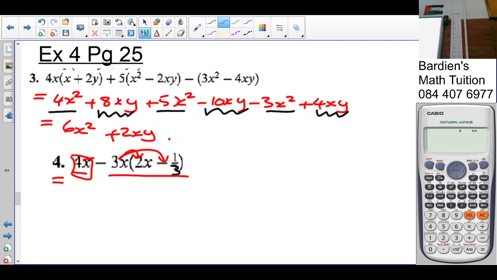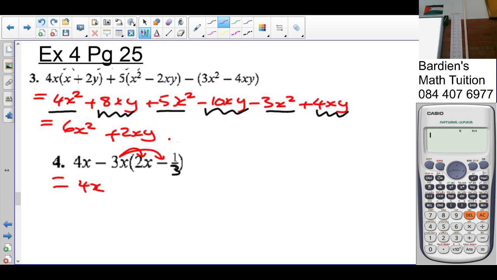You understand? If it is like that, then we say that times that times that. But since that is not in a bracket there, it must be multiplied out. So you leave the 4x like that.